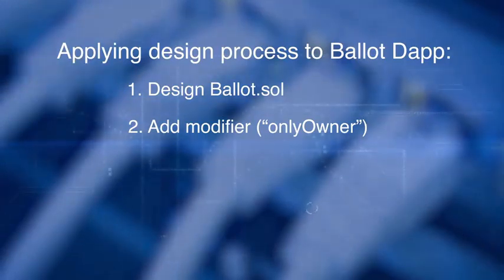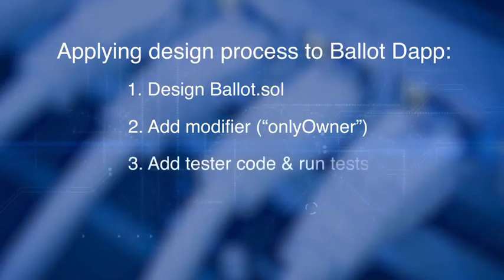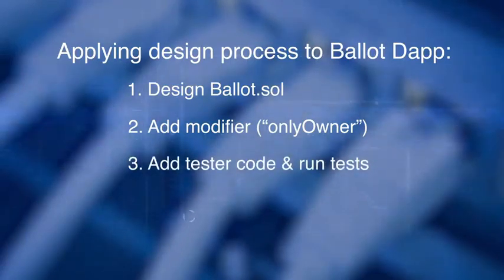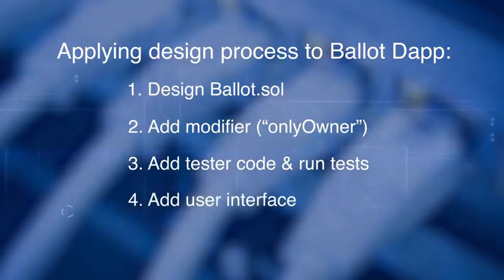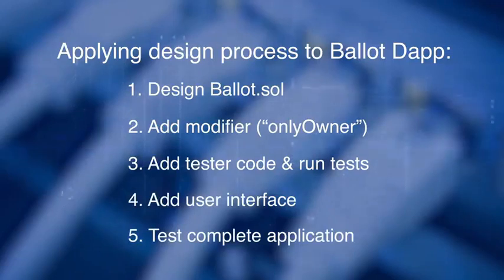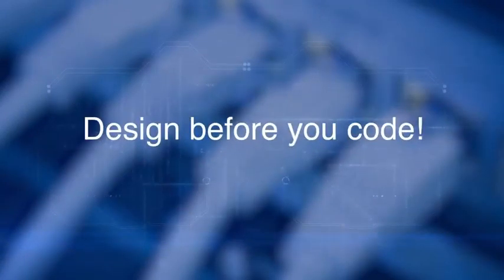Step 3, we'll add a tester code for the required problem specification and run the test to make sure they all pass. Step 4, we'll add the user interface component. And step 5, we'll test the complete application by interacting with the interface. Remember, design before you code.